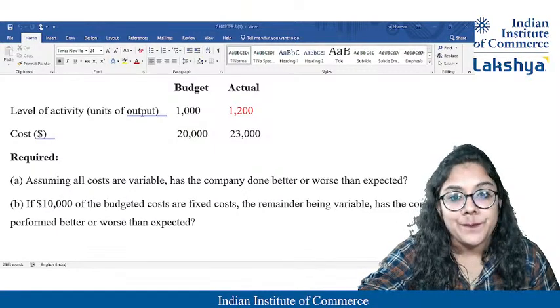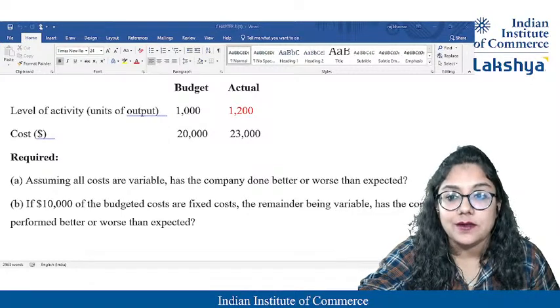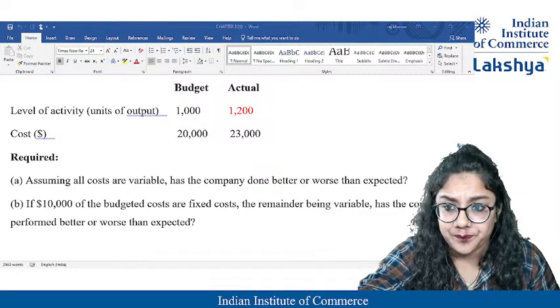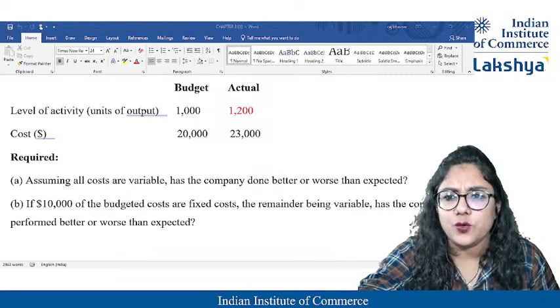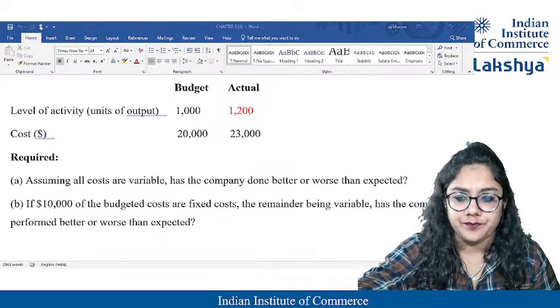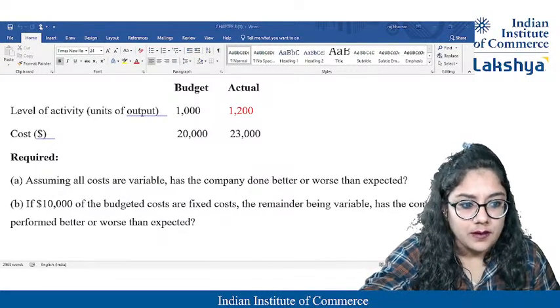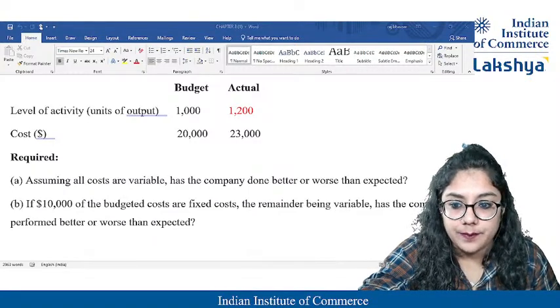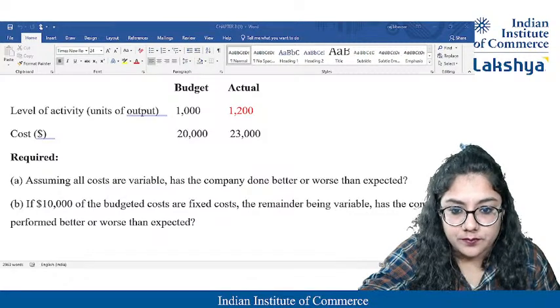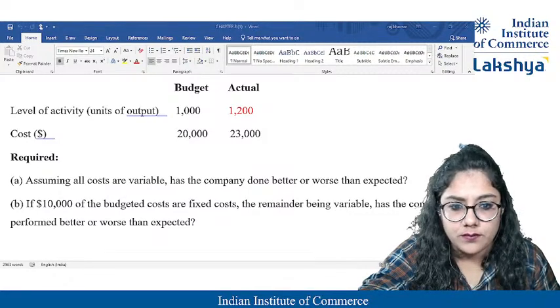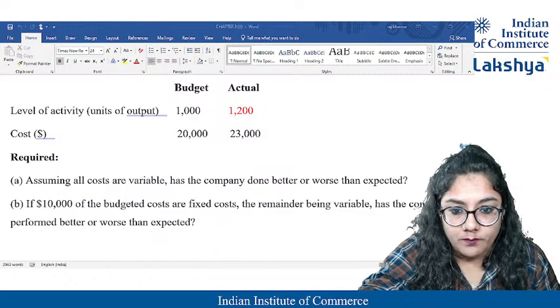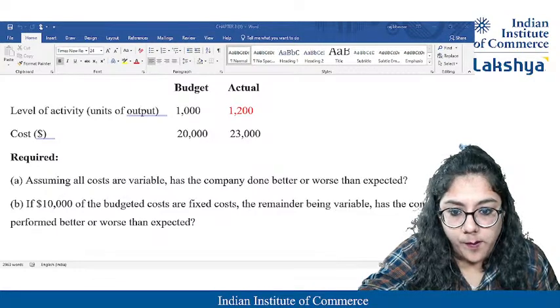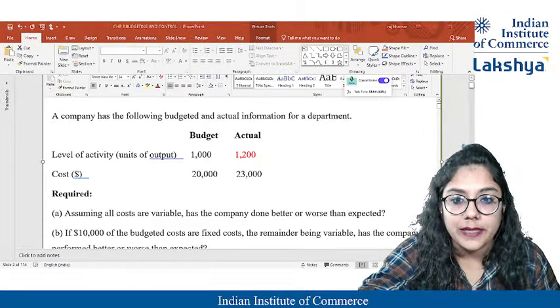Let us do one question, which is there for your paper, or you can get it in your notes also. I have opened it up.